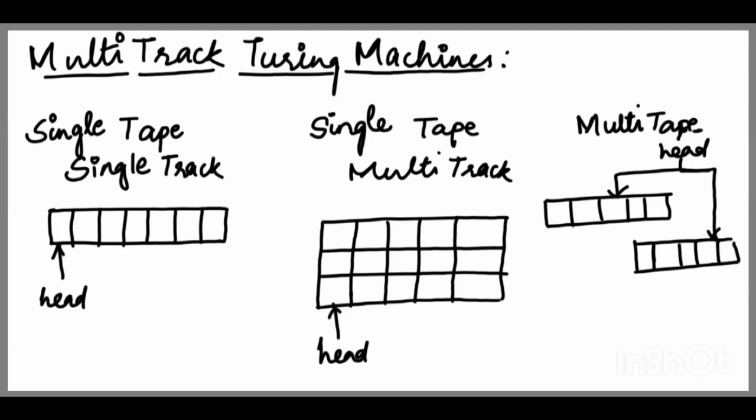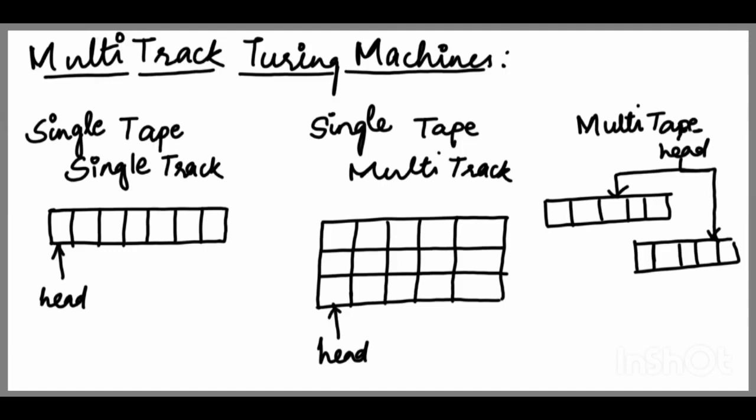The second type would be the single tape multi-track Turing machine, in which there is one single tape with multiple tracks and a common pointer which can read n elements in the n tracks at once. Next, we have the multiple tape Turing machine, in which there are multiple tapes, but with a single head pointer which can move either in left or right direction.